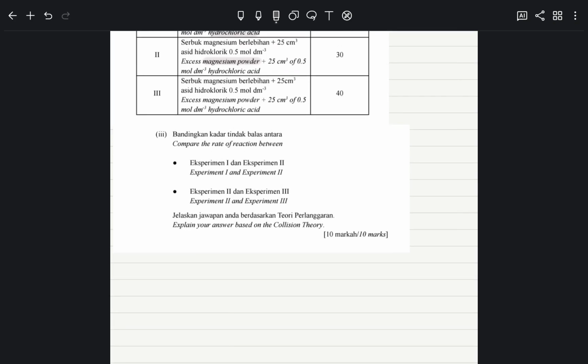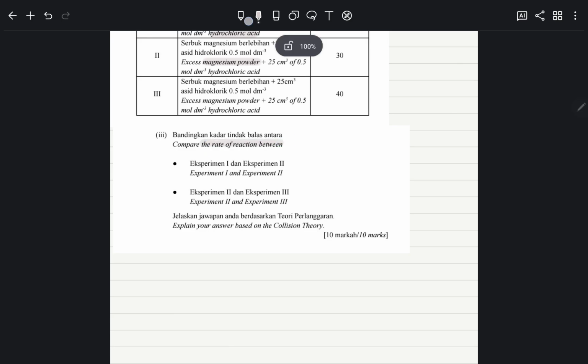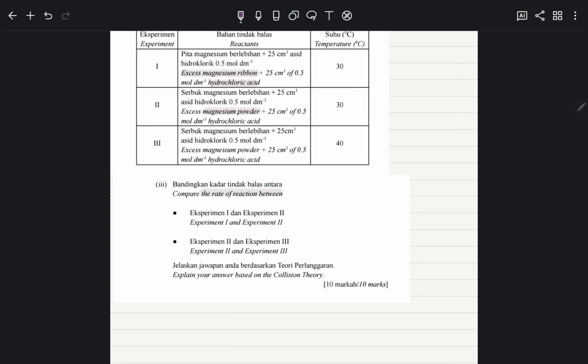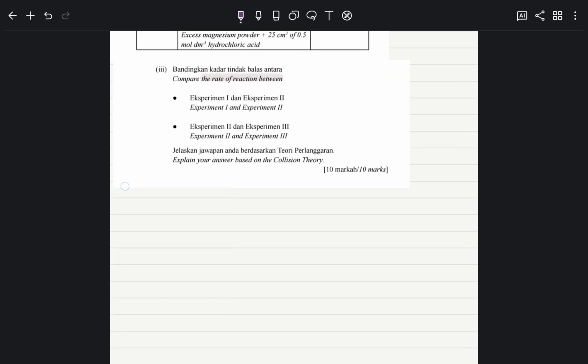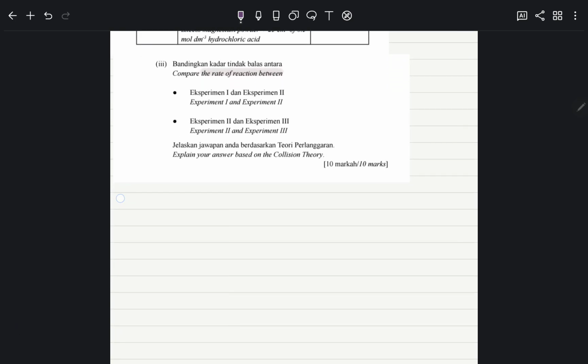Before you start to compare the rate of reaction in this type of question, you should write the chemical equation. Here for set 1 and set 2, both use magnesium and hydrochloric acid, right? So first write the chemical equation. You react your magnesium, in a different state, but it's all magnesium.